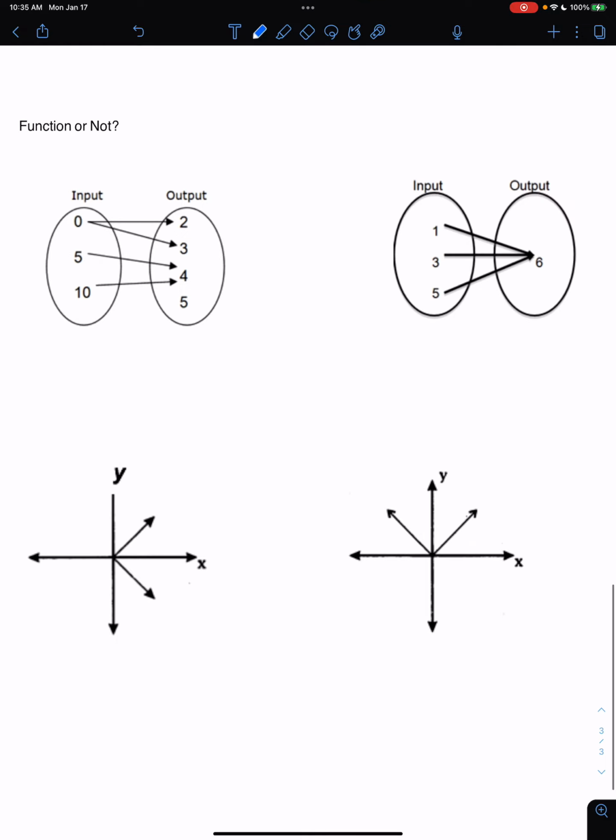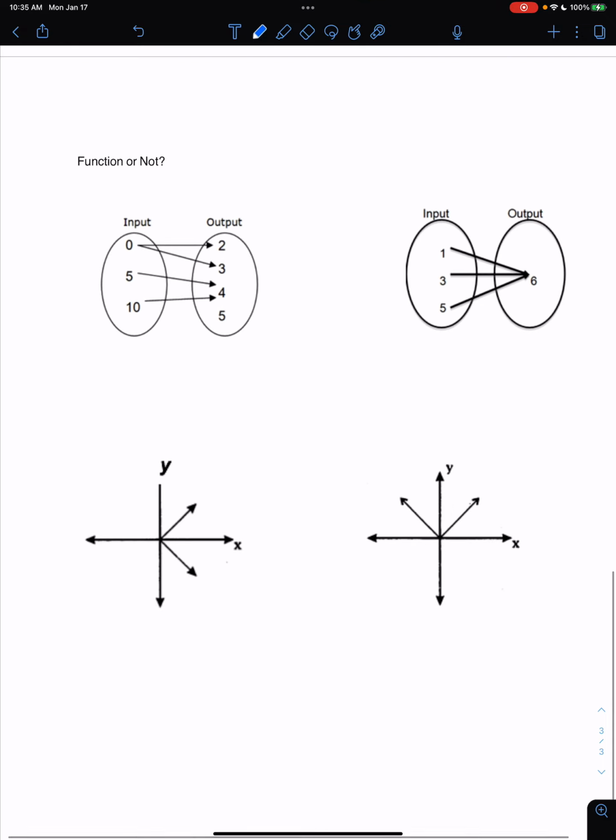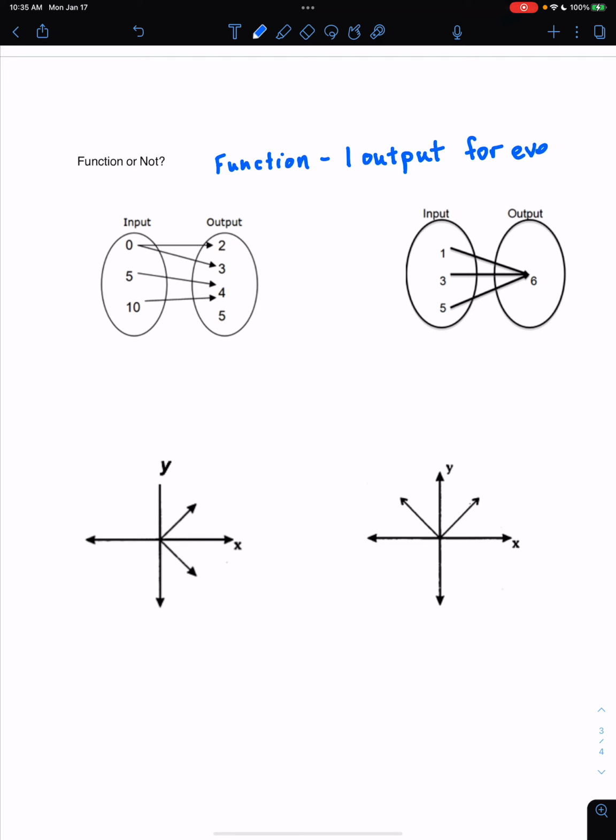Remember that our definition of function has to do with functions must have one output, only one output for every input.